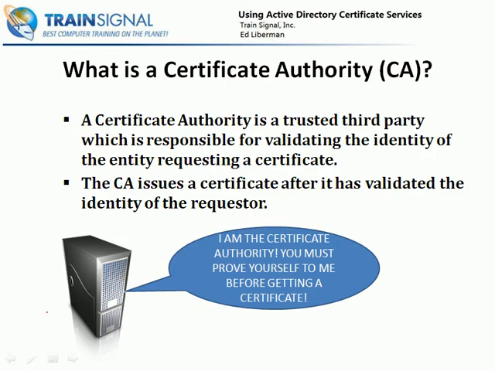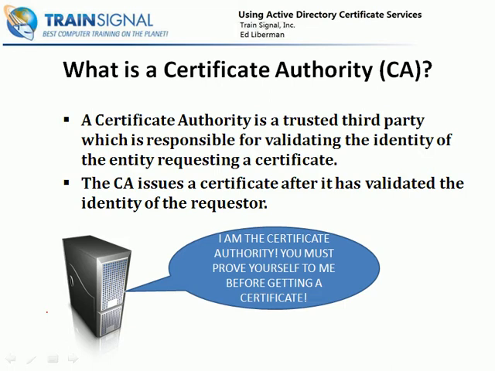It's a lot easier to say, just the two letters CA. So that's why you'll hear most people doing that. Now, the CA is a trusted third party whose primary responsibility is simply to validate the identity of the entity requesting the certificate.